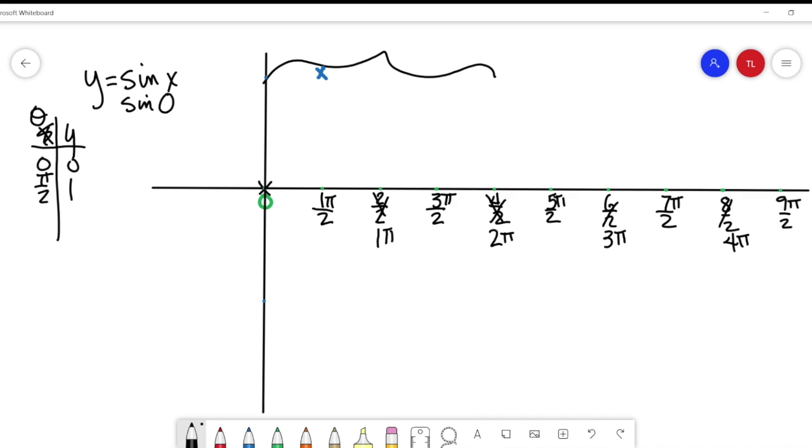1. Now look at the next one. What's the next thing on our list? It's pi. So what is the sine of pi? Now put a little x right there. Now, keep going to the 3 pi over 2.